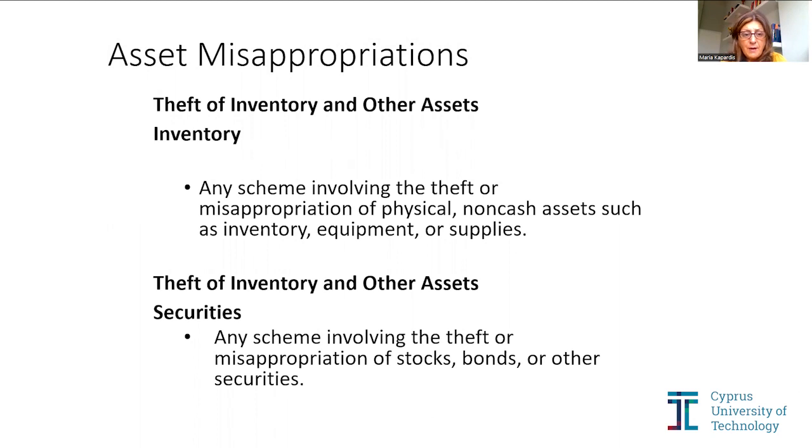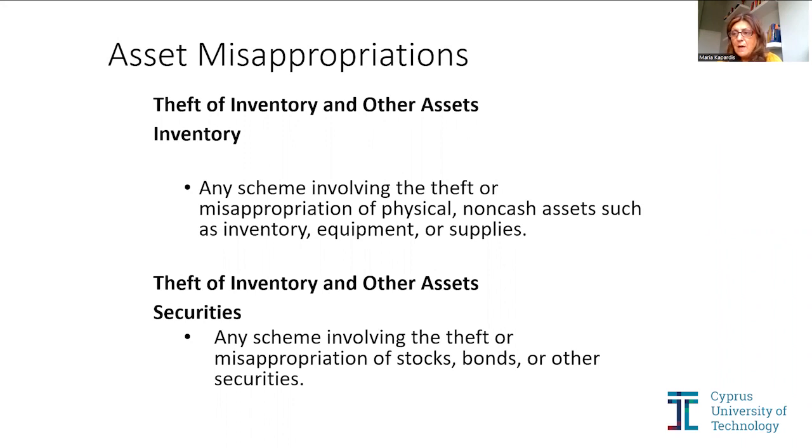Theft of inventory and other assets: any scheme involving the theft or misappropriation of physical, non-cash assets such as inventory, equipment, or supplies. I do remember a particular case where a CEO was buying works of art for the business, or at least billing the business, but the works of art were going to his own house.